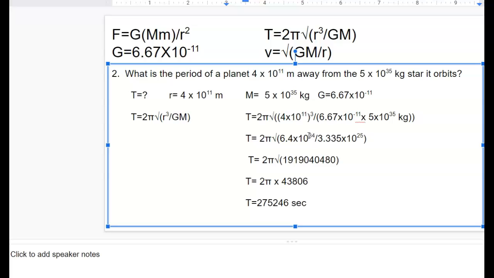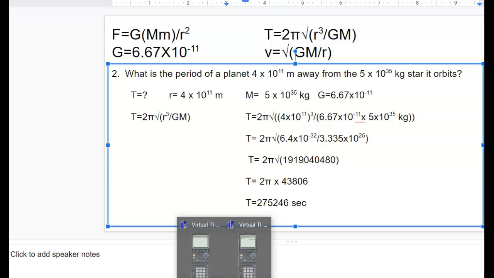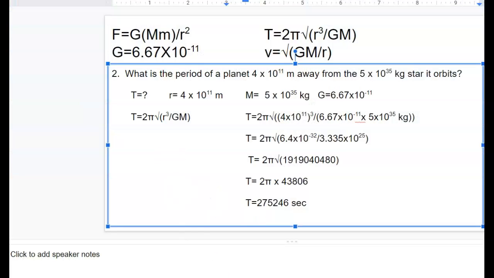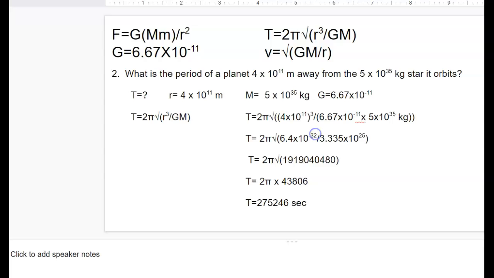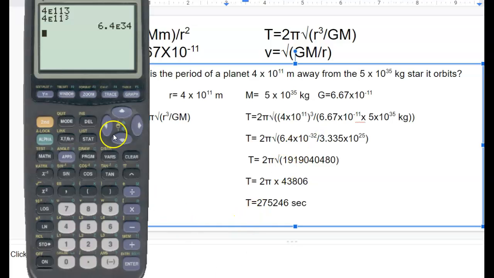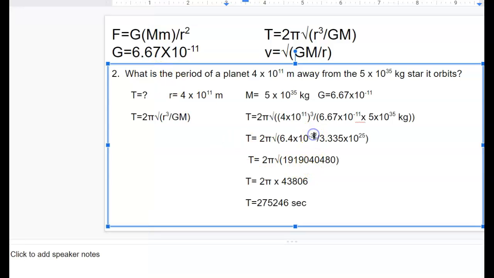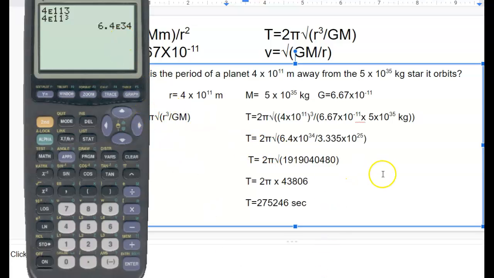I'm going to actually change this because I made a mistake on my calculator. I did negative first instead of positive 11, so it should be 6.4 times 10 to the 34th.